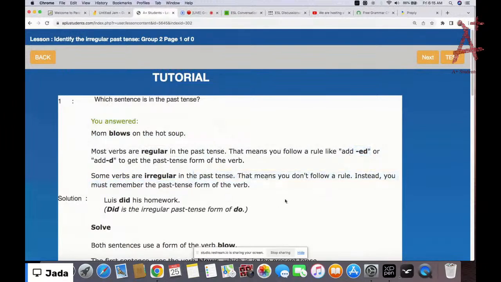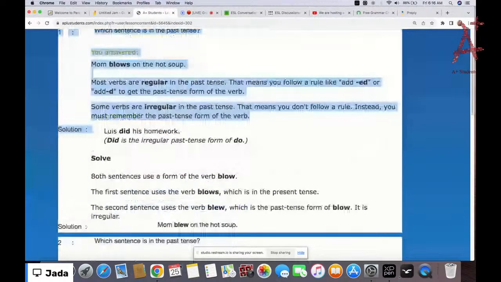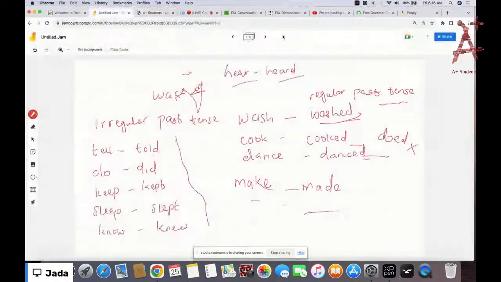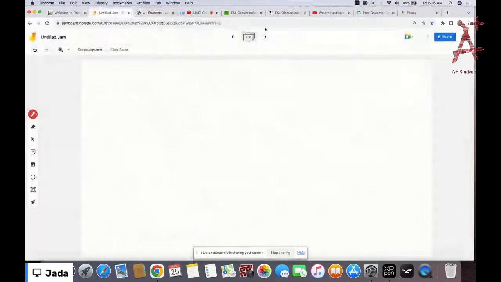The irregular does not follow the rule, and you must remember that by yourself. So we have mom blows on the hot soup. So now if you're trying to find the irregular past tense of blow, so blow, let's say present, and then blew.